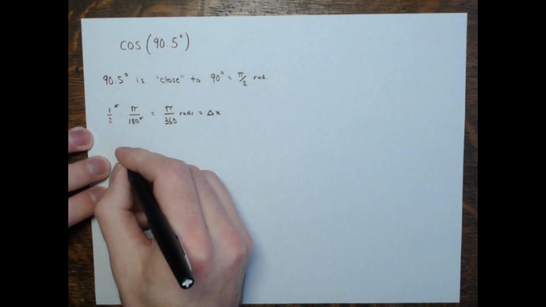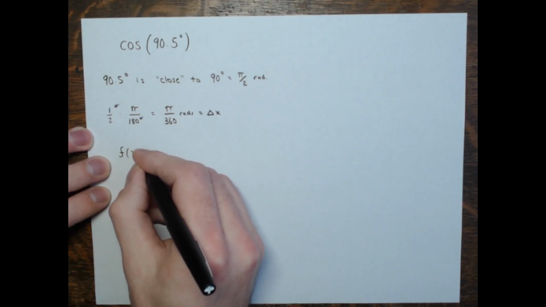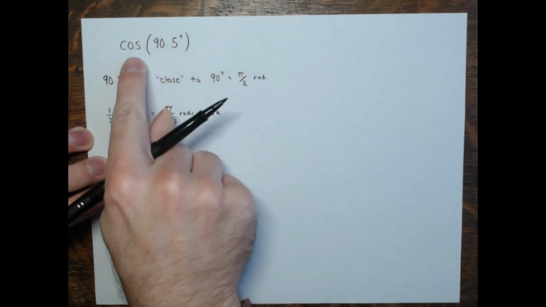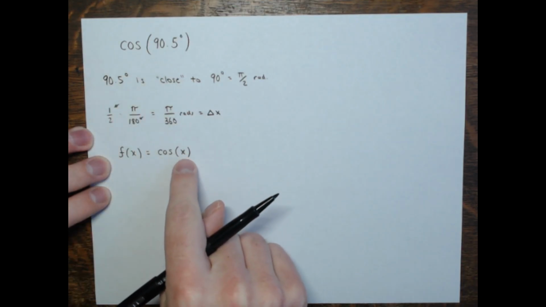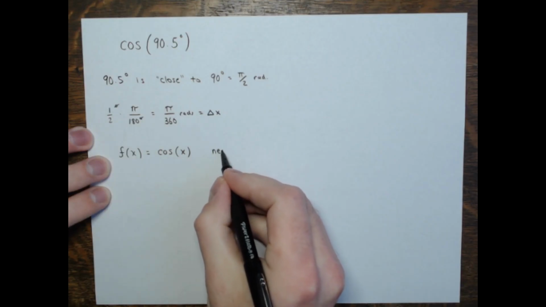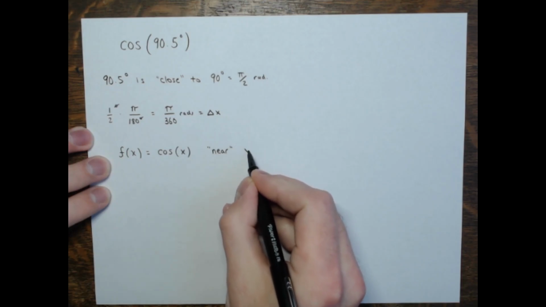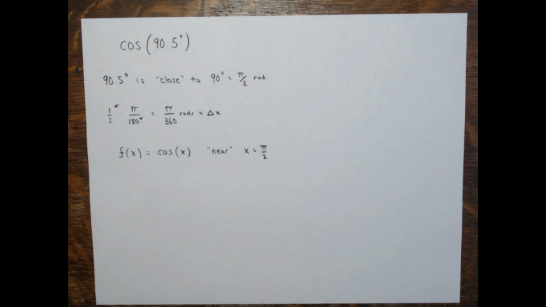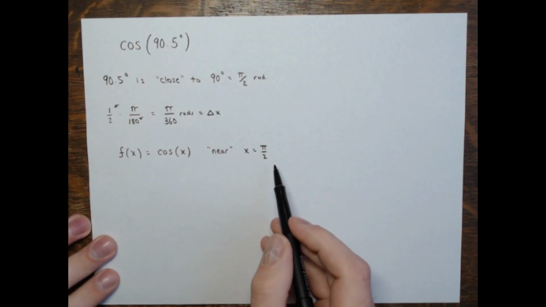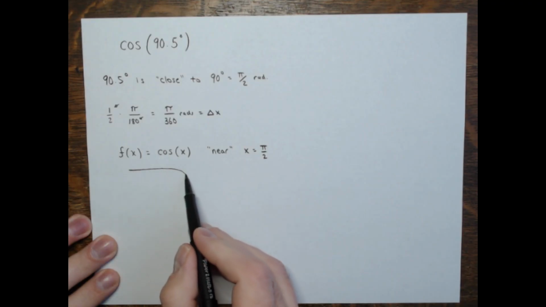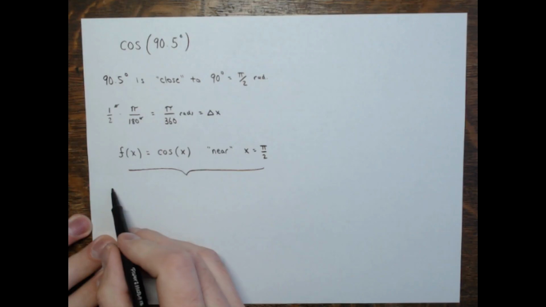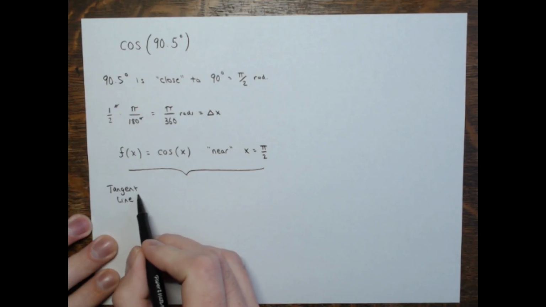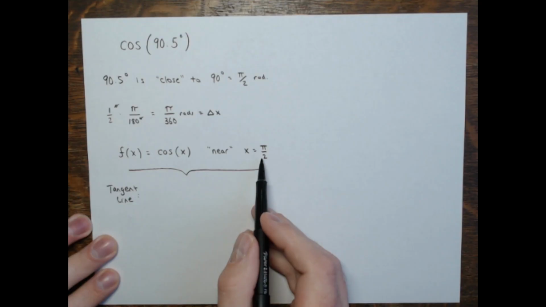So look, the function we're looking at here, which I'll call f, is the cosine of x, right? This is the cosine of some value. And we're going to be near x equals 90 degrees, but again, calculus stuff, you should really convert back to radian measure. So let's find our tangent line, right? So find the tangent line to the cosine curve at x equals pi over 2.